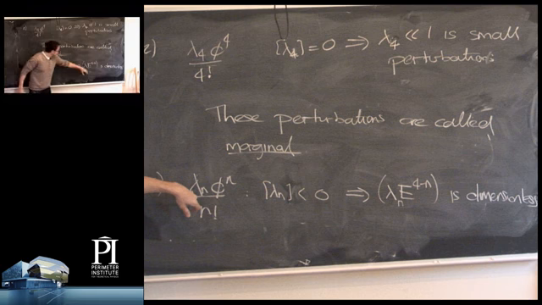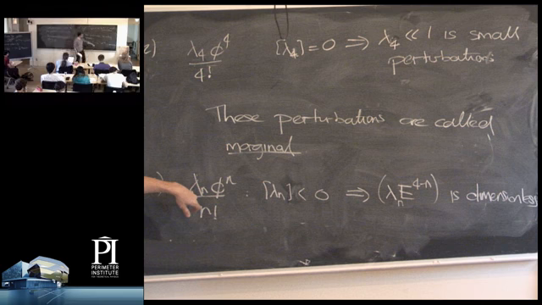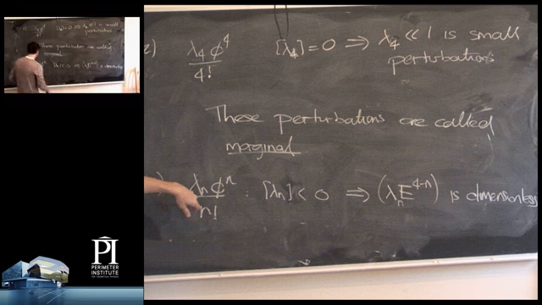In other words, the dimensionless coupling is lambda times E. So what does this mean? This means that these are couplings which are important for very, very high energy processes, but are very small for low energy processes. Okay, when E is small compared to lambda, this is a small number. And there's a name for these, they're called irrelevant.